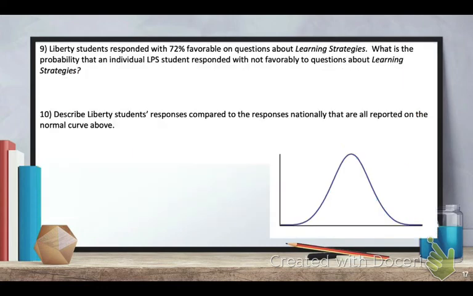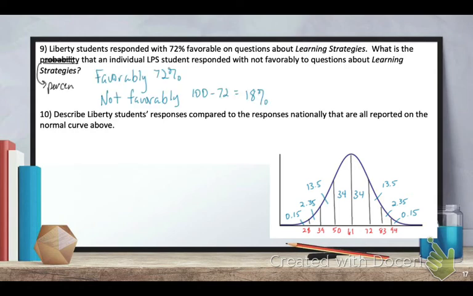Liberty students responded 72% favorably on the questions that we were just talking about. What's the probability that an individual LPS student responded not favorably? So this is just asking, so I'll mark our values on the normal curve, and you already have it on your paper.